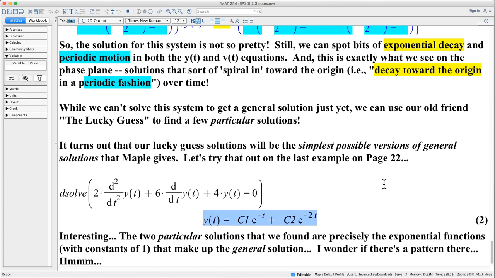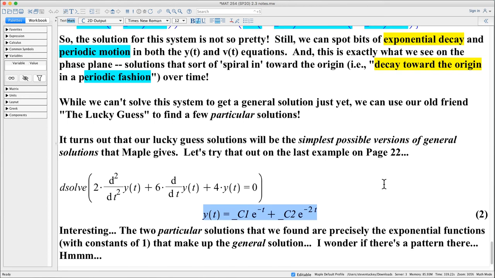You remember our two particular solutions? One of them was e to the -t, and the other was e to the -2t. Turns out those are the building blocks for the general solution. And it's not a coincidence, not by a long shot.